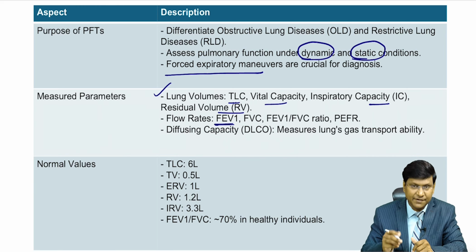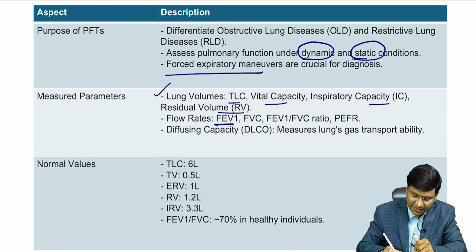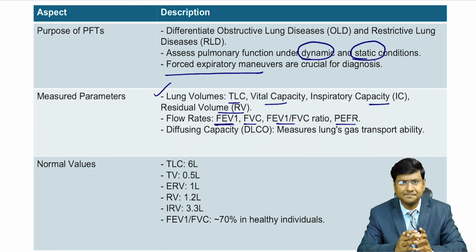Next, if you add the time factor to inspiration and expiration, you get FEV1, FVC, FEV1 by FVC, and the peak expiratory flow rate. FEV1 is the volume of air which is exhaled by the end of the first second.